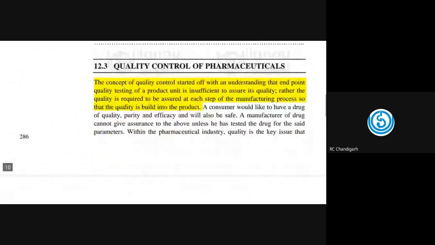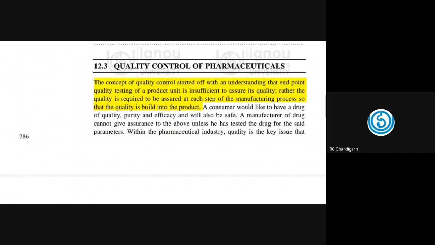Now, quality control of pharmaceuticals. The concept of quality control started off with an understanding that endpoint quality testing of a product unit is insufficient to assure its quality. Rather, the quality is required to be assured at each step of the manufacturing process so that quality is built into the product.